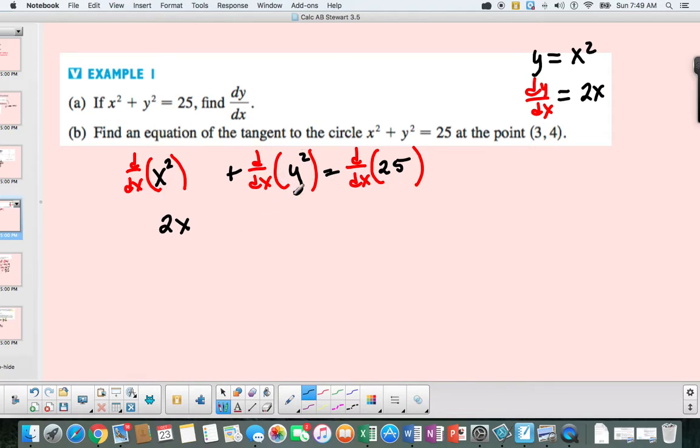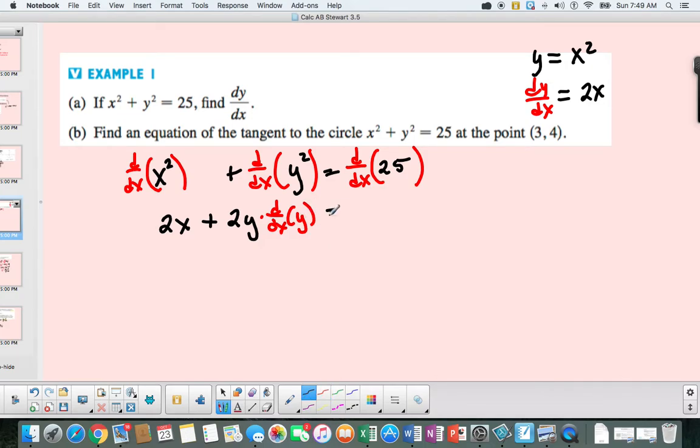Now this is where we have to look at y squared as a composite function. It's a function within a function, which is going to need the chain rule. The outer function is a squaring function. The inner function is going to be y. So we take the derivative of the outer function, which is 2y to the first power, and then remember that I have to find the derivative of the inside function, which is y.